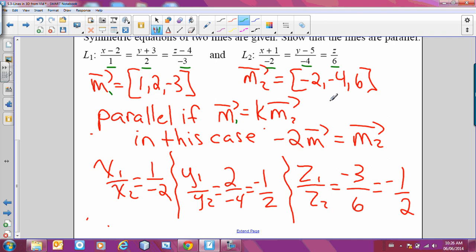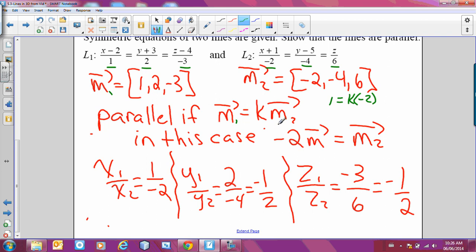One would be to write it as several little equations. 1 equals k times -2, and solve for k, and then do the same thing for the other values. 2 equals k times -4, solve for k. If, of course, you get the same k value in all three cases, actually that's what I did down here, I didn't realize that's what I was doing, then you end up with the same constant, and of course they are parallel.